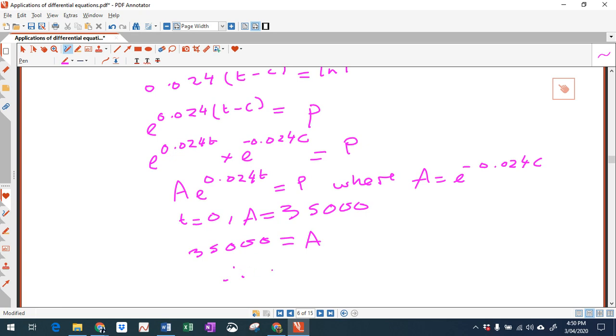So therefore, p is equal to 35,000 e to the 0.024t.